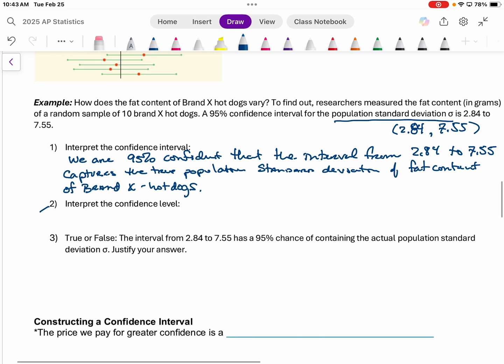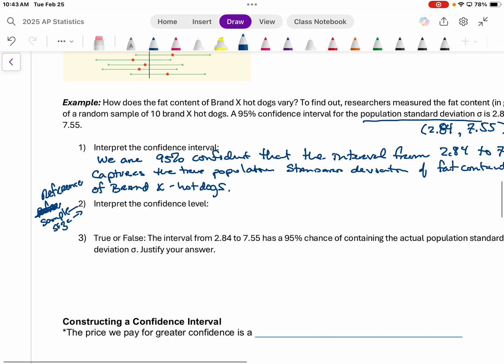So again, whenever you're interpreting the confidence level, you want to make sure that you reference the sample size. We always want to make sure when we're interpreting the confidence level, we reference the sample size, and so forth, okay?